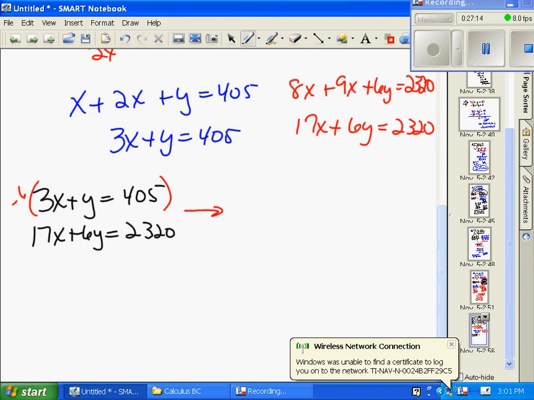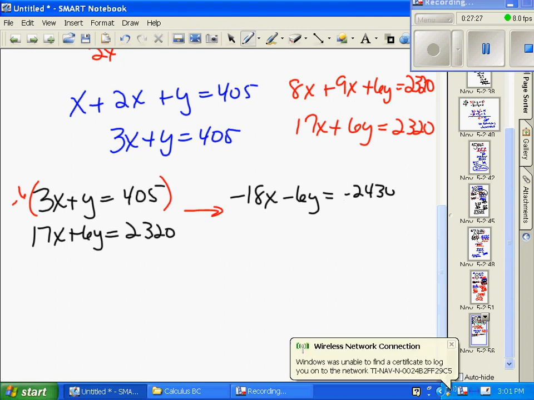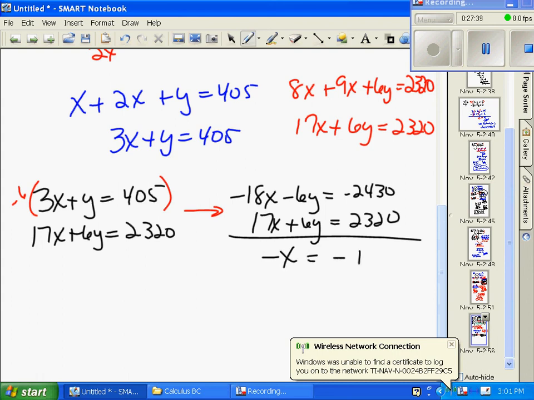So what I get would be negative 18x minus 6y equal to negative 2430. And then I have 17x plus 6y equal to 2320. So when I add those two together, I get negative x equal to negative 110. So x is 110.